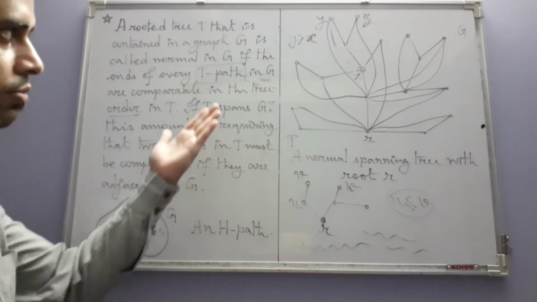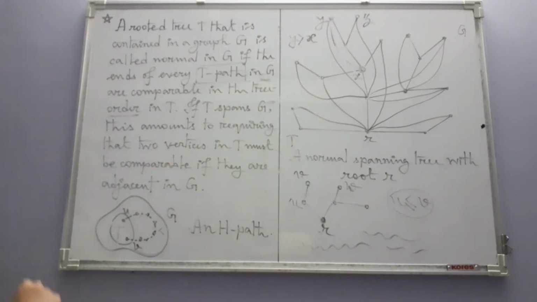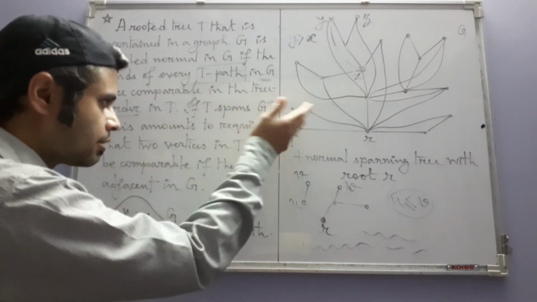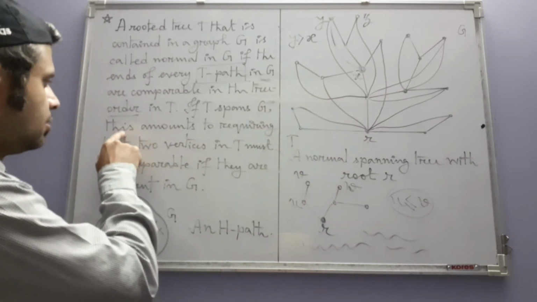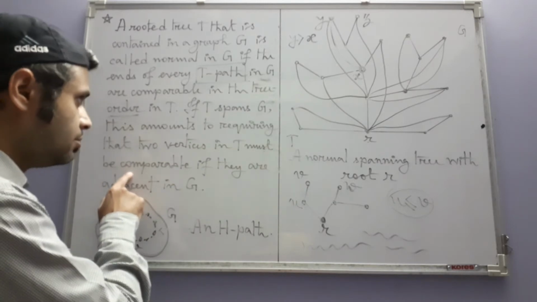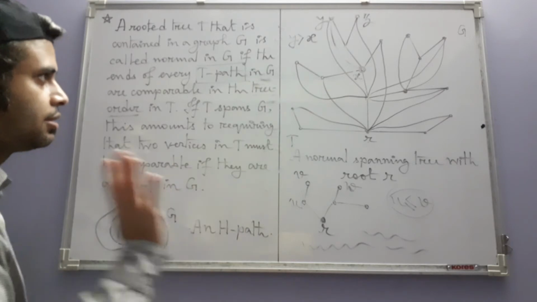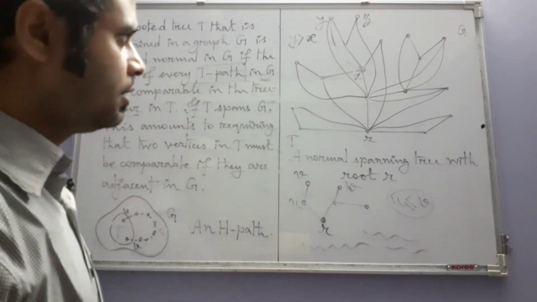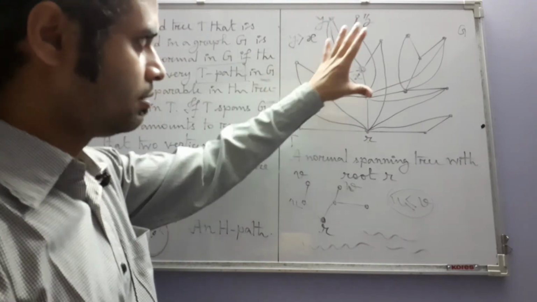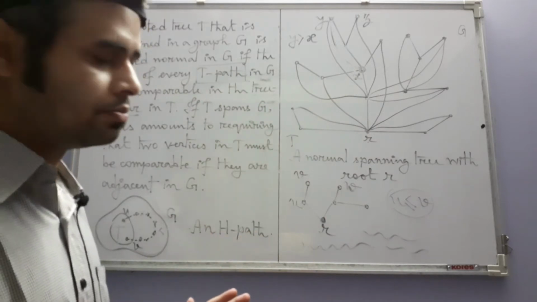Had they been present, they would have been some such single edges. That's what the next line says. If T spans G, as we have in this case, this amounts to requiring that two vertices in T must be comparable if they are adjacent in G. If they are adjacent in G, using these extra edges, then they must be comparable.